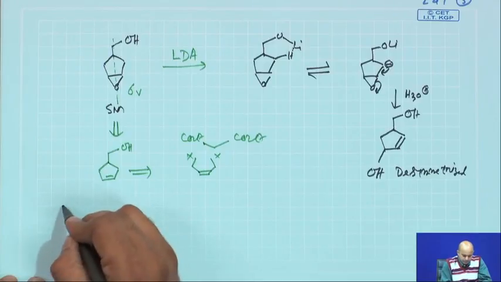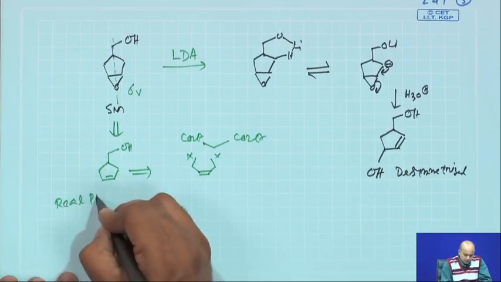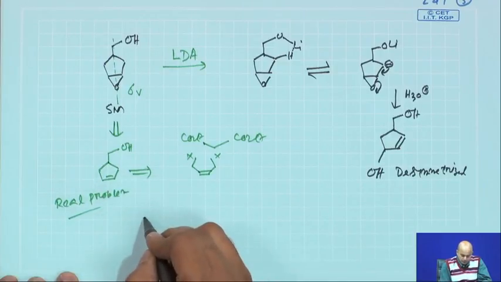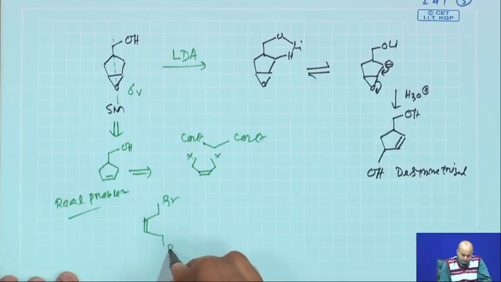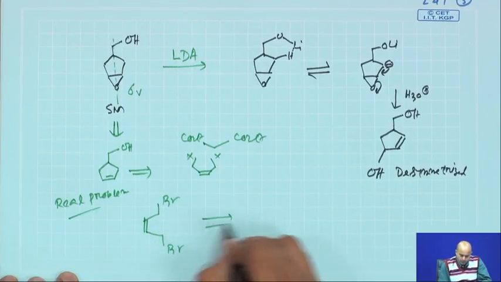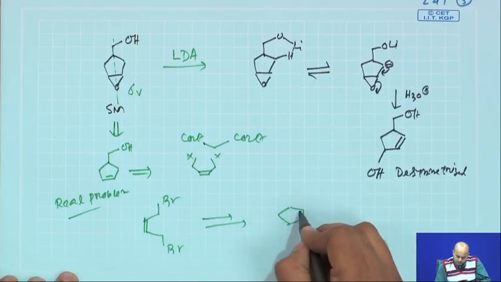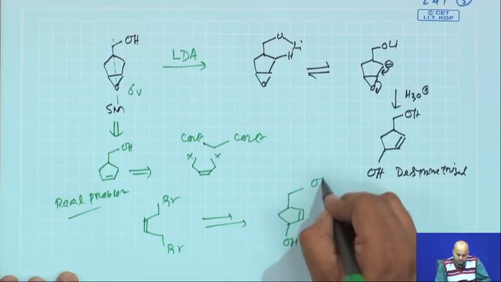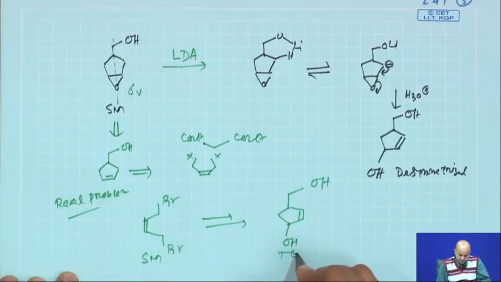So, a real problem based on this desymmetrization could be something like this. I say you start with this bromide, how can you make this particular compound? Starting material and your target.